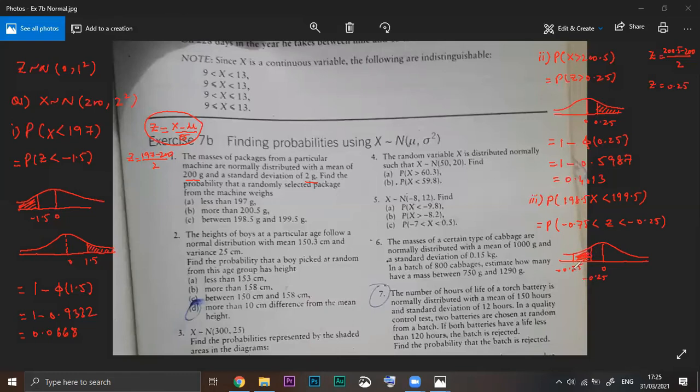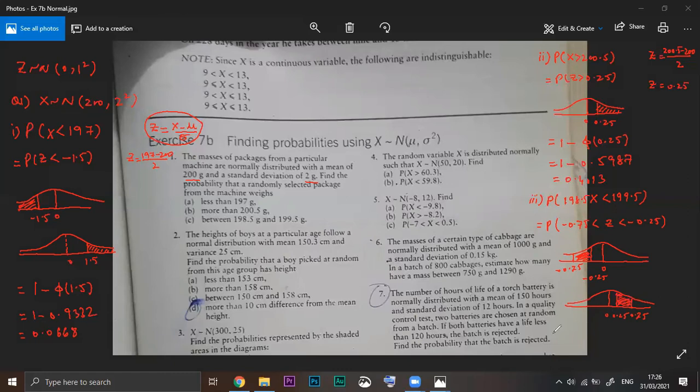What should be the first step? We will flip the diagram to make both the values of z positive. This one is the required area.